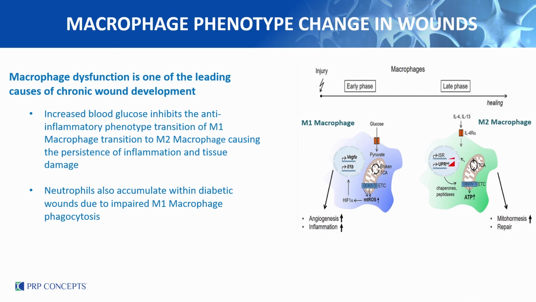And then, of course, the natural process is that the M1 phase is transitioned into an M2 phase, which is more of a synthetic anti-inflammatory phase, which is where we get our tissue regeneration and release of numerous types of growth factors.